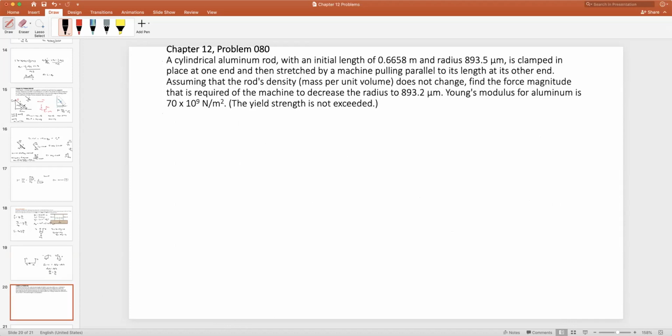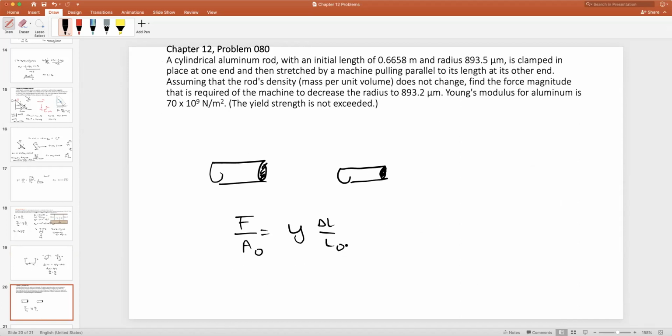Okay, and then our final was again this problem where you're stretching an aluminum cylinder, and that stretching is causing the radius to shrink. So you have to know that F over A is Young's modulus times delta L over L. But remember that this is the original area, this is the original length. What we want is the force here.